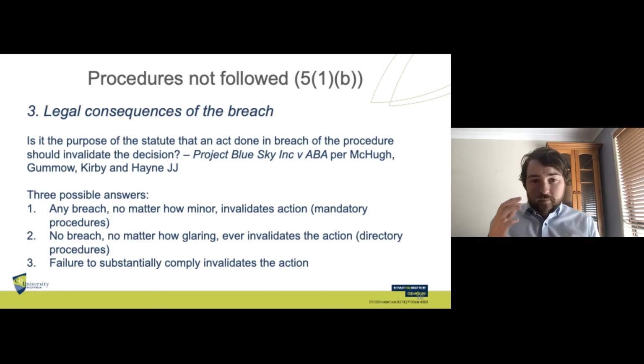And that was answered conclusively in Project Blue Sky, where the court said that what you have to do is you look at the purpose of the statute, and is it the purpose of the statute that an act done in breach of procedure should invalidate the decision or not?